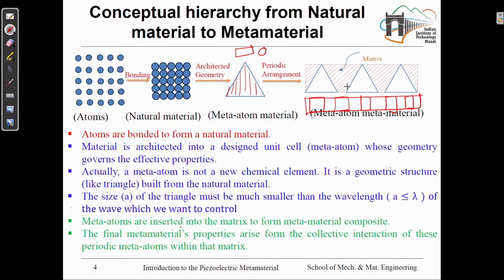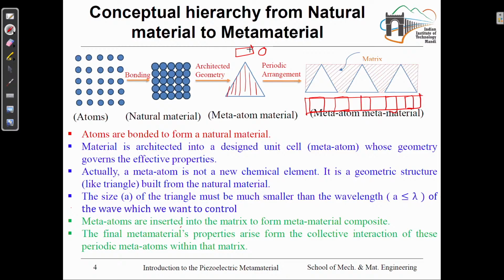The property of the metamaterial depends majorly on the shape of this meta-atom. That is the main concept of metamaterial.